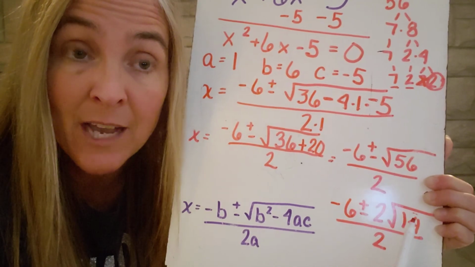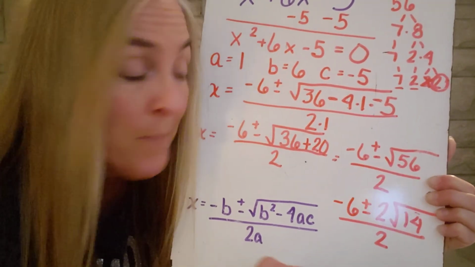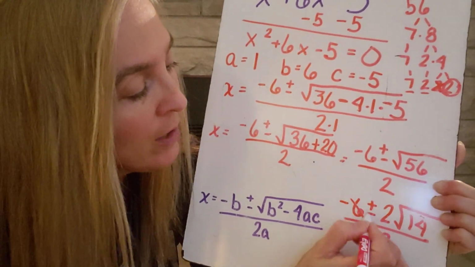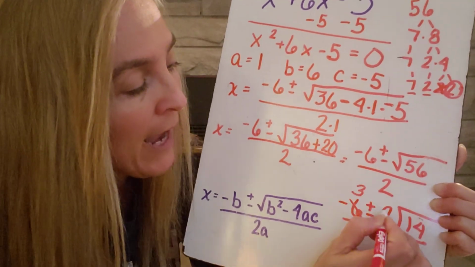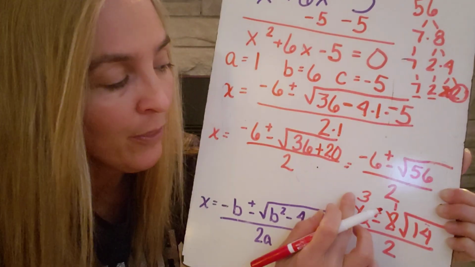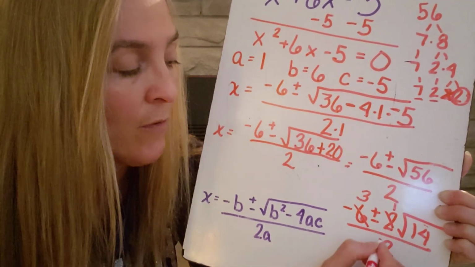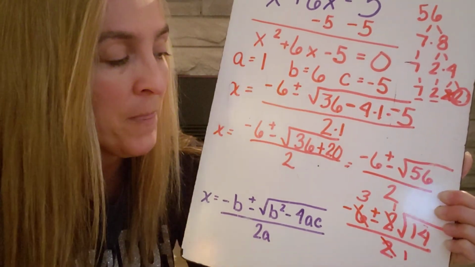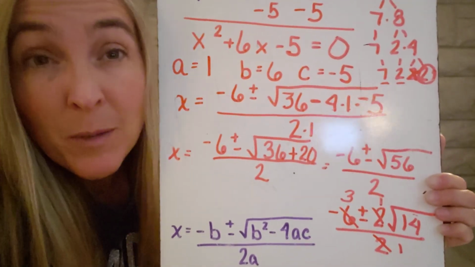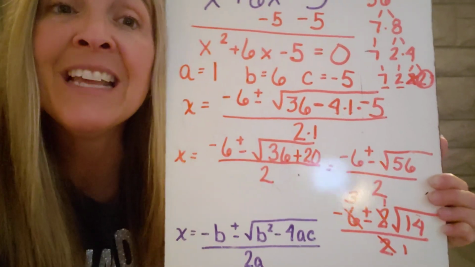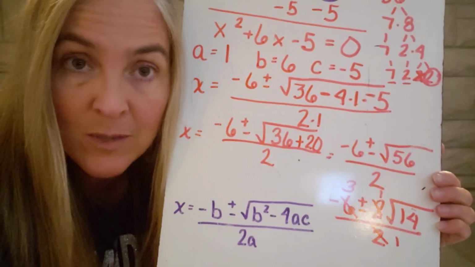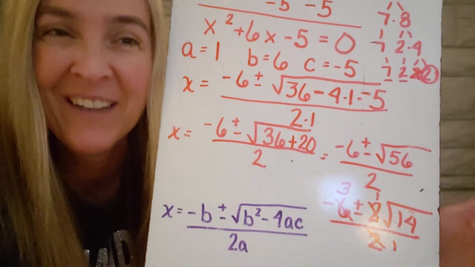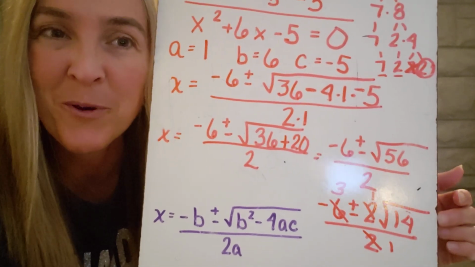Not the 14 inside your square root. It's stuck. But you could divide all of these by 2 and get negative 3 plus or minus the square root of 14. And that would simplify a little bit. So if you needed an exact answer as opposed to a decimal approximation, you would leave it in this form.